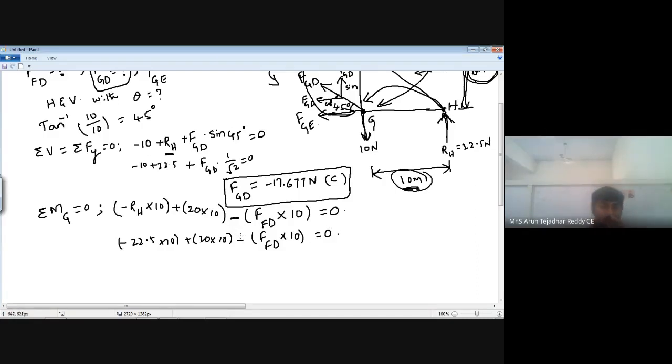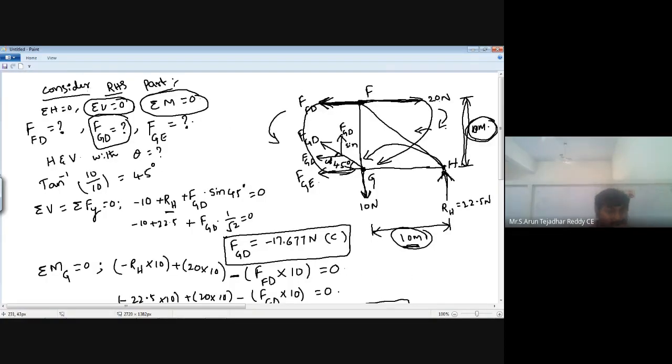So once again open your calculators, enter these values, then you will get FFD as minus 2.5 Newtons. Minus means it's a compression. FFD is completed.